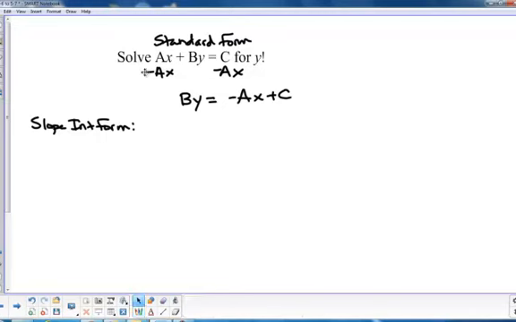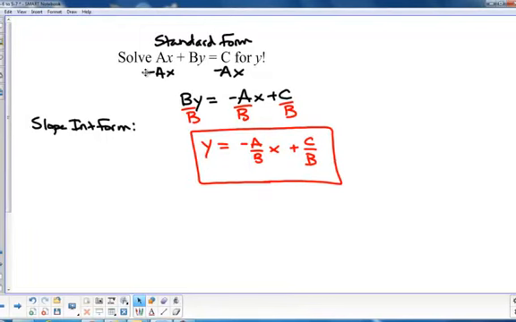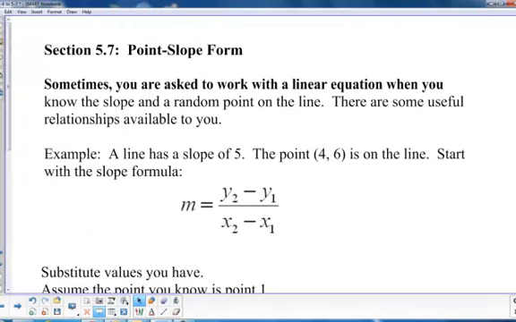And then we still need to get y isolated, so we would divide everything by b. So y equals negative a over b x plus c over b. So it's kind of like the formula. It's easier just to understand it and do it. I don't have that memorized or anything. And the last form is point-slope form.